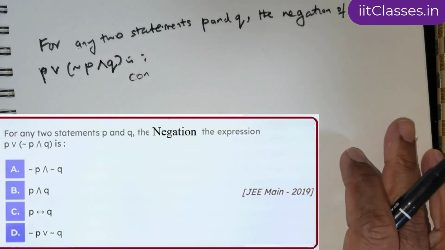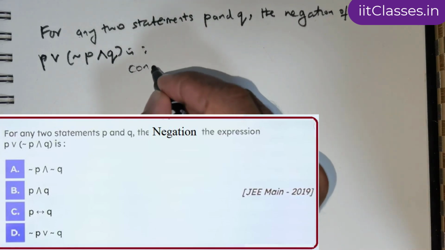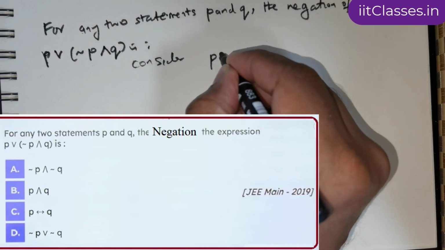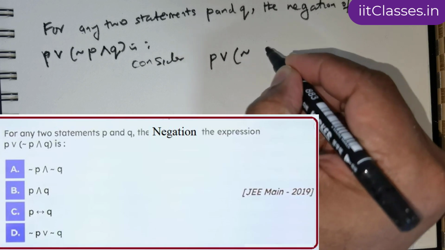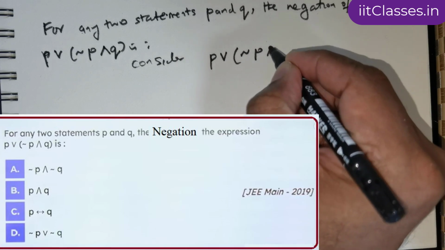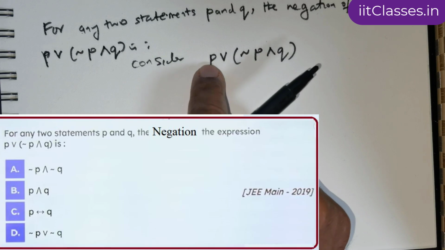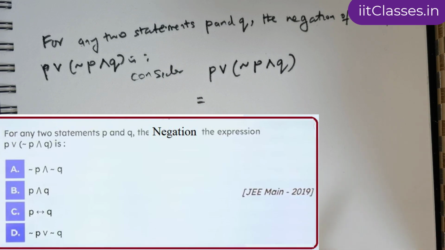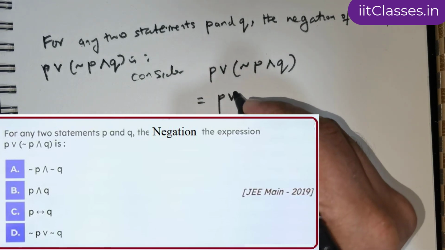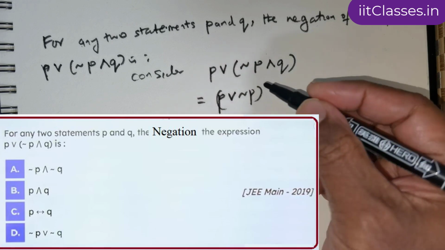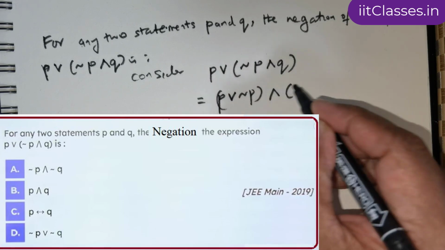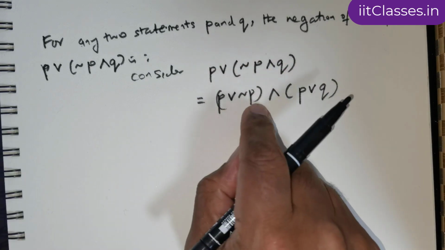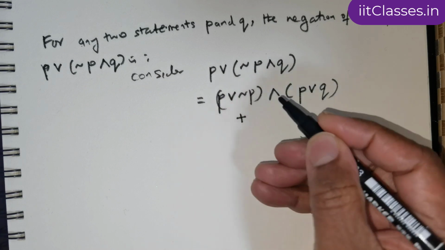So what I will do is first consider P disjunction of negation of P conjunction Q. Now we can distribute P disjunction, and that is going to give us P V negation of P, followed by conjunction, and then P V of Q. Now this is the universal set. It's also called a tautology.